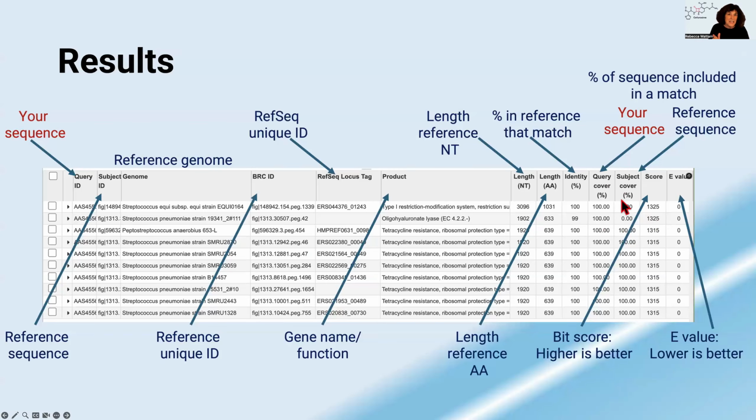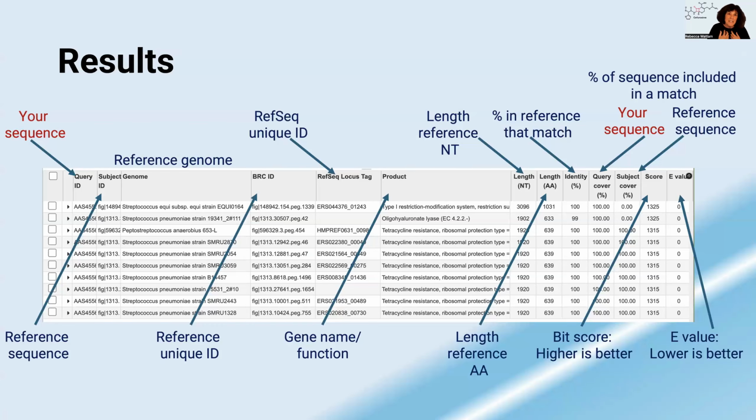Pay attention to this, because if you're blasting against a genome, and let's say that genome is in multiple contigs or even one contig, this value will be very low if you're doing a gene or a protein against that, because it's looking across a huge value. Whereas if you're doing BLASTP and looking protein to protein, it should be better.